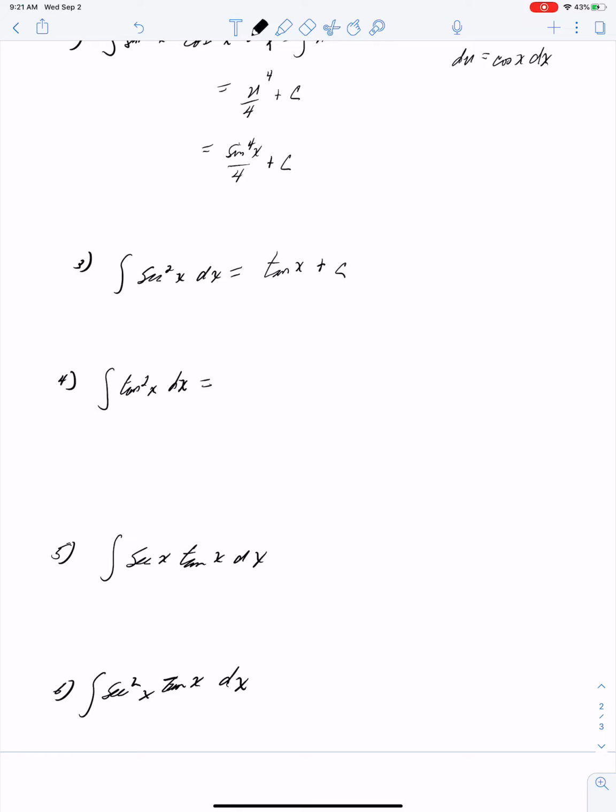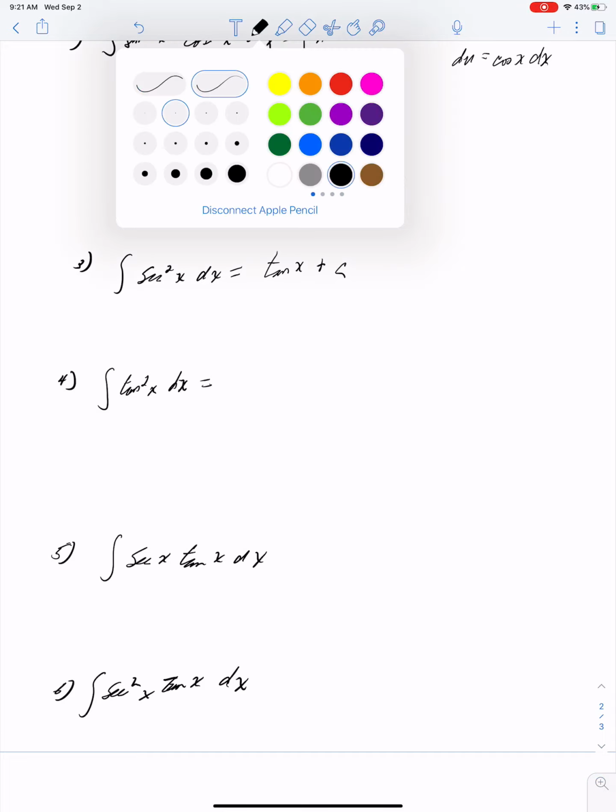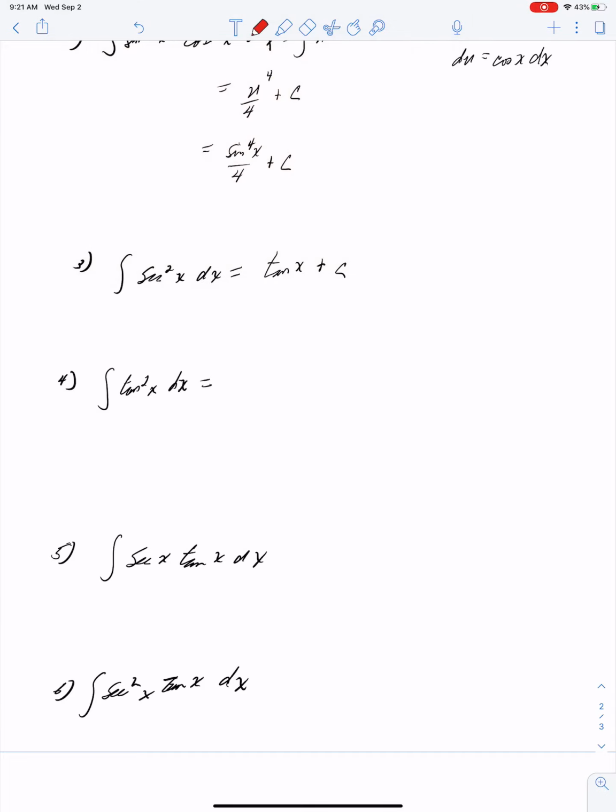In other words, I have a trig identity that fits. What is it? Well, you will remember, or you should go back and review that what? Cosine squared x plus sine squared x is 1, right?